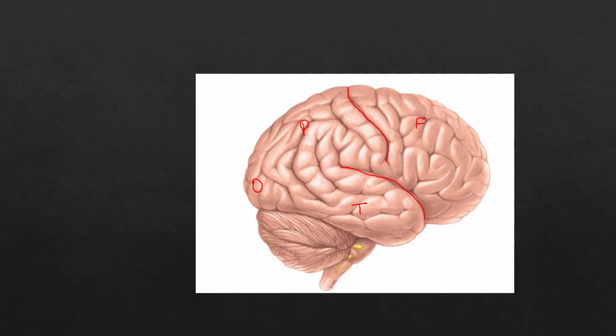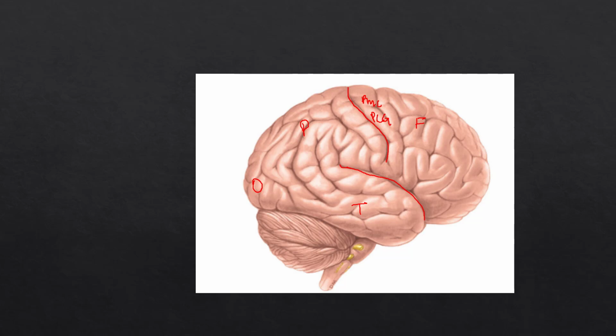Let us look at some functional areas that we might be interested in. You would also want to look at the detailed function of each of these functional areas. The gyrus that lies immediately in front of the central sulcus is known as the primary motor cortex. It is also known as the precentral gyrus.